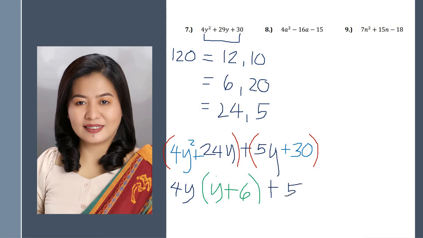5y divided by 5 is y, 30 divided by 5 is 6. So we have y plus 6 for y plus 5.